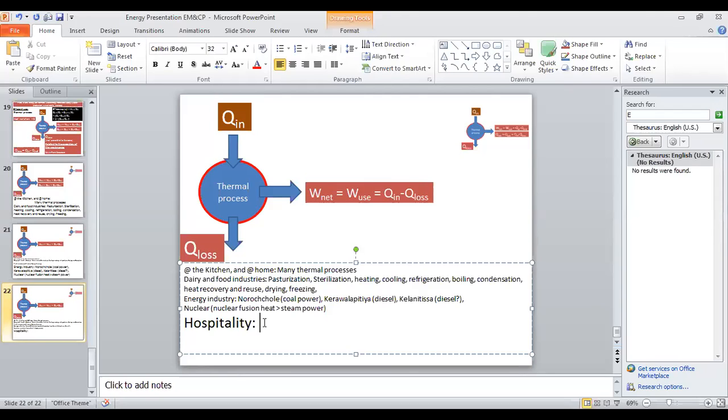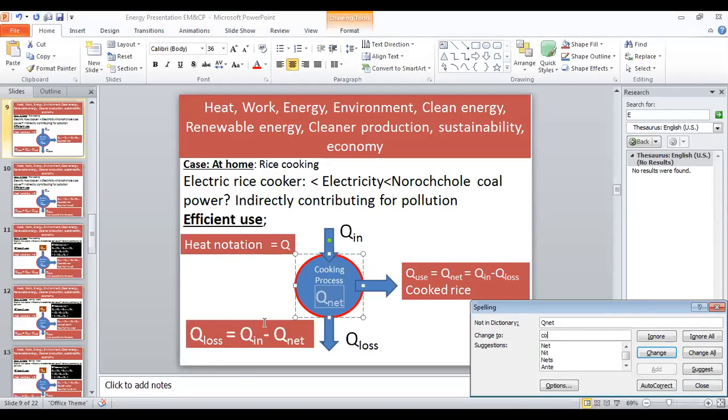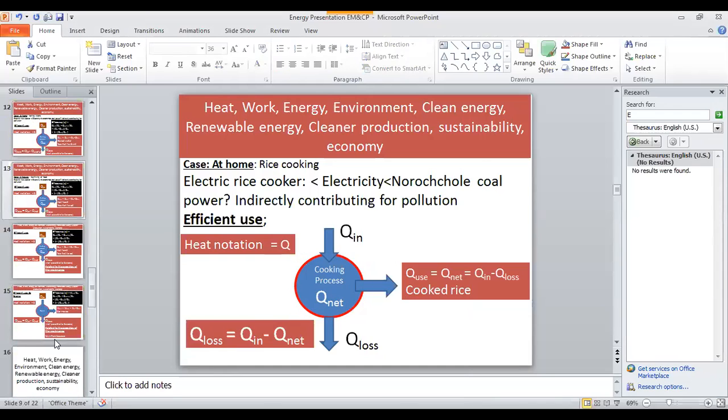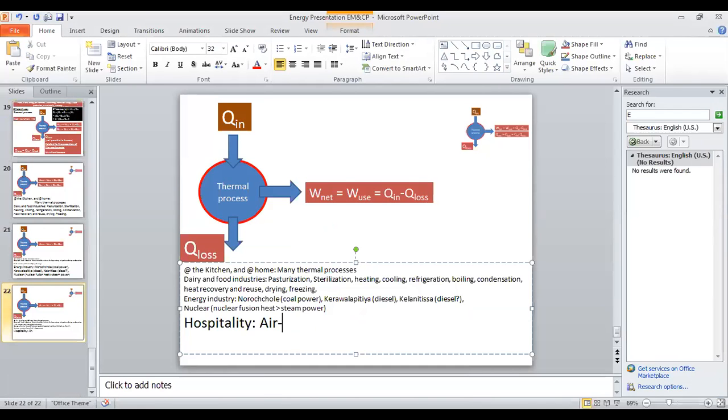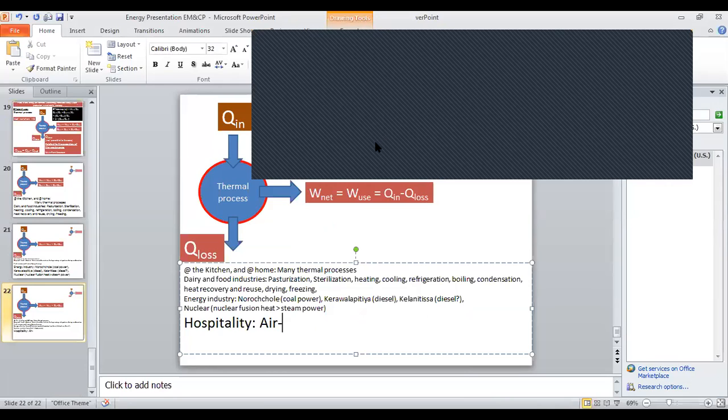In the hospitality industry, the energy consumption: you have air conditioning, because of comfort cooling, and refrigeration.